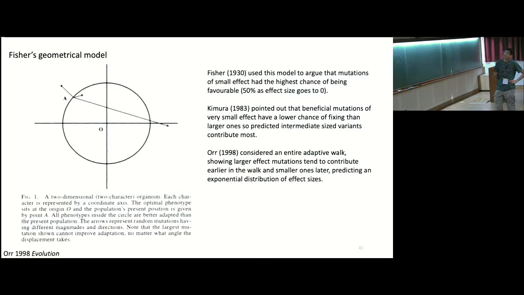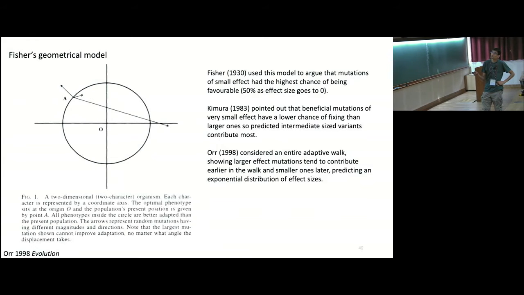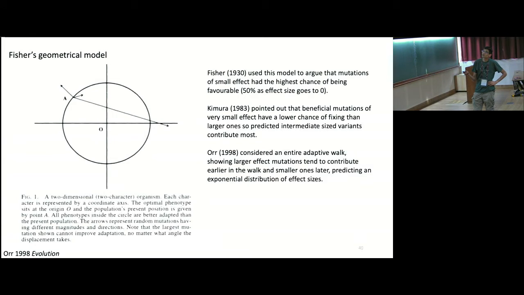So Guy already introduced you to Fisher's geometric model. So again, remember the idea here is we imagine 2 dimensions in phenotypic space in this cartoon, but it could be n dimensions. And then the idea is that a population is some point in this plane, and it has this distance from the optimum, and so then a mutation is represented by some deviation from that initial phenotype.